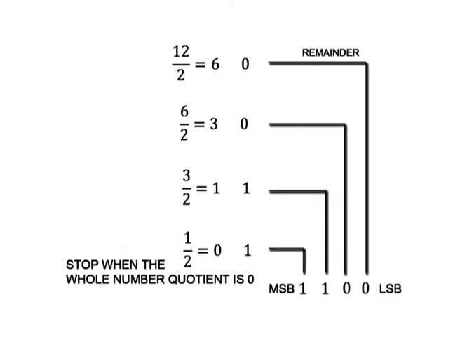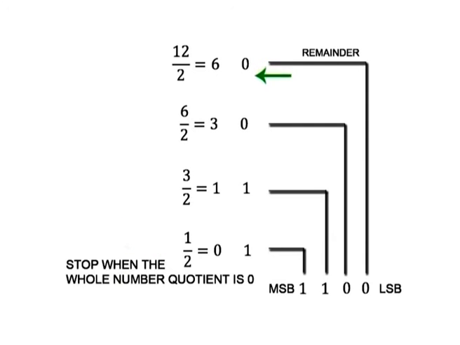Repeated division by 2 method. A systematic method of converting whole numbers from decimal to binary is the repeated division by 2 process. For example, to convert the decimal number 12 to binary, begin by dividing 12 by 2, then divide each resulting quotient by 2 until there is a 0 whole number quotient.